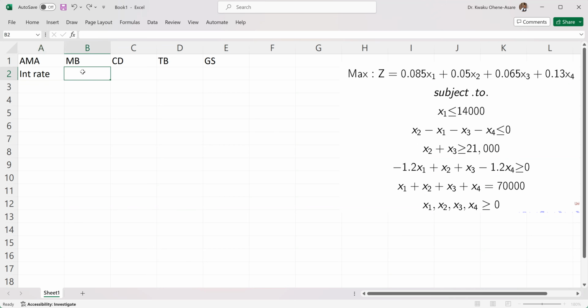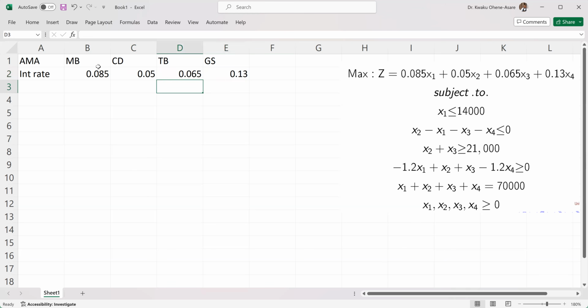Then the interest rates, as you can see on the right-hand side here, I'm just picking from there. So you have 0.085. Then you have 0.05. And then you have 0.065. And then you have 0.13.